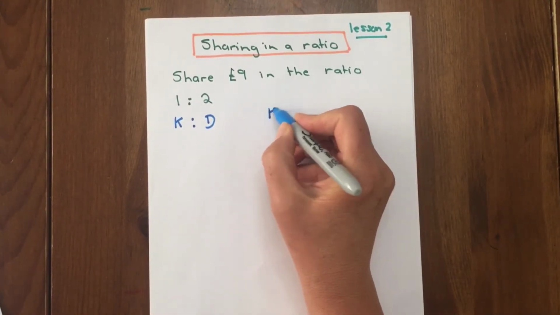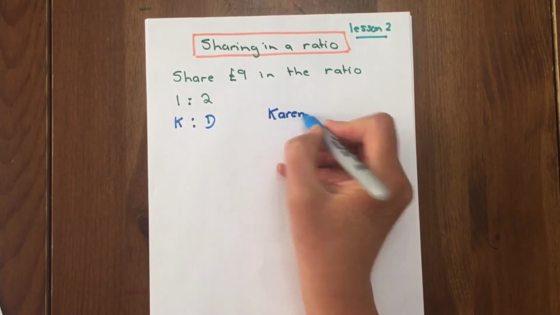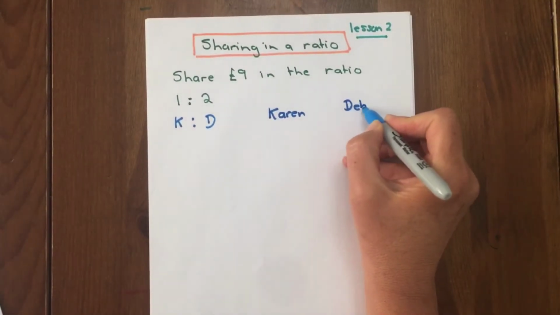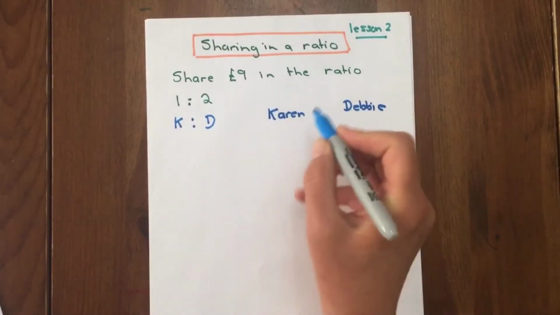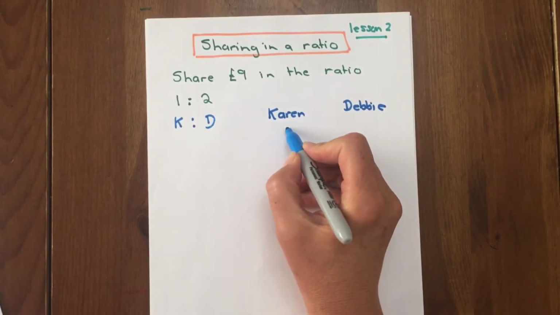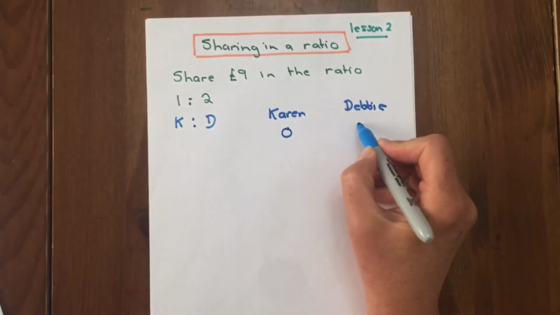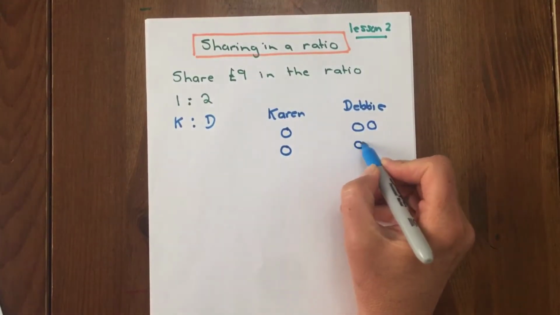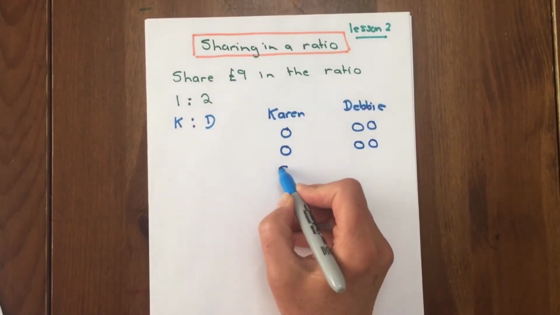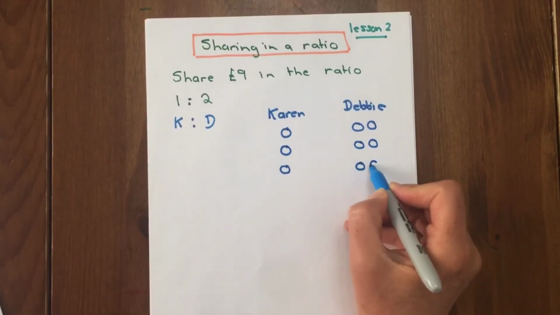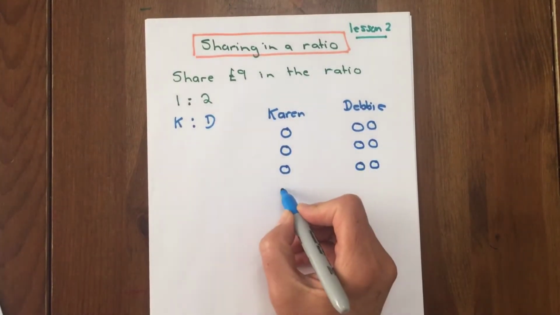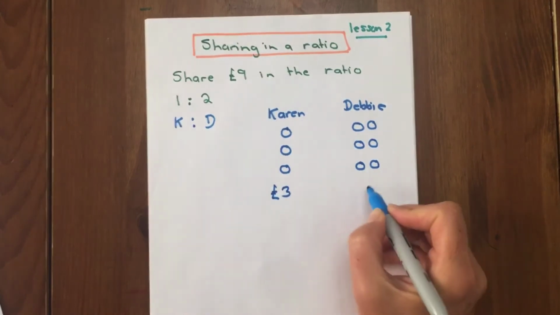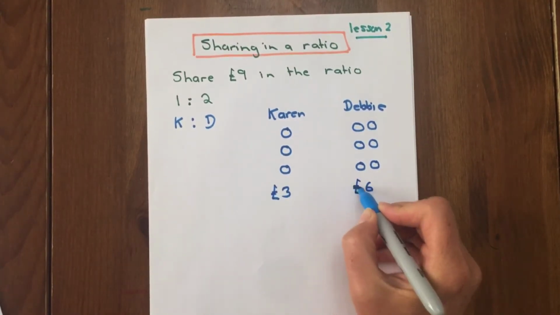So we've got Karen here, we've got Debbie here. I'm going to give £1 to Karen, £2 to Debbie, £1 to Karen, £2 to Debbie. So Karen gets £3 and Debbie gets £6.